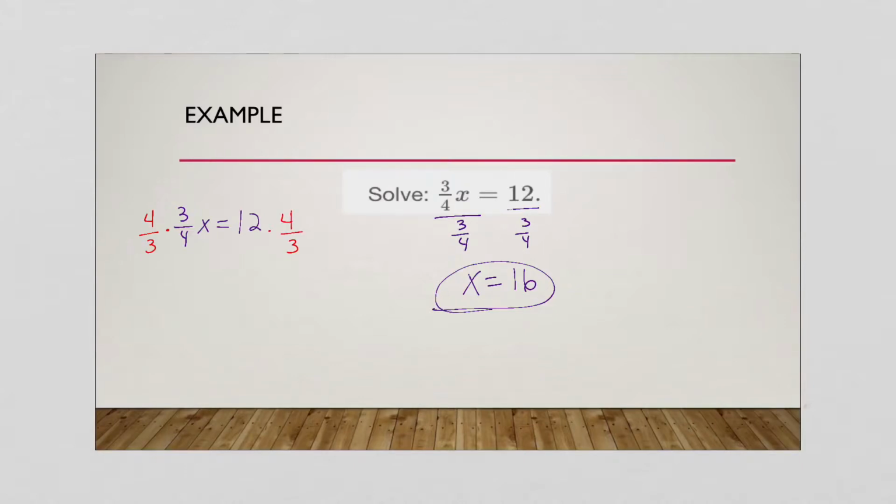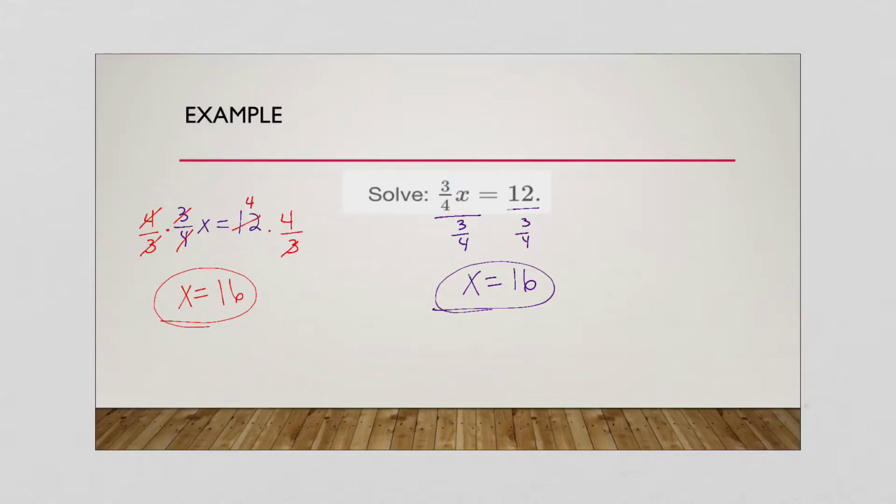Dividing by a fraction is the same thing as multiplying by its reciprocal. So this right here, the 4's cancel, the 3's cancel. You're left with just x. 3 will go into 12 4 times. 4 times 4 is 16. So if you're doing it by hand, I recommend the way on the left. If you're doing it by calculator, I recommend the way on the right.